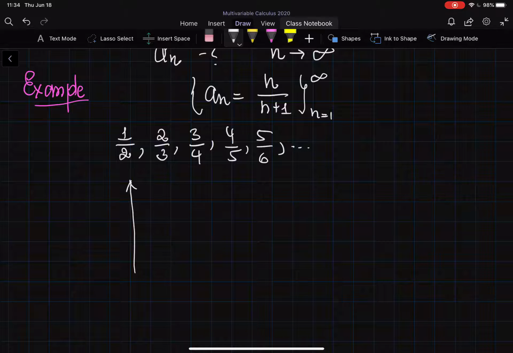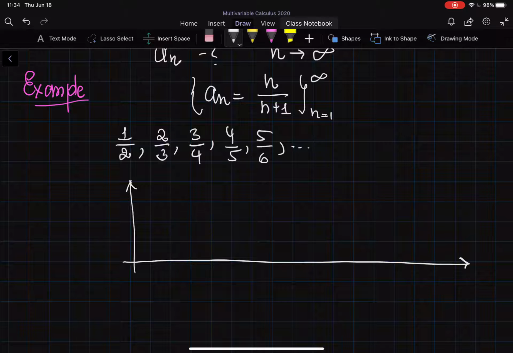So here the y-axis is going to mean the values of the sequence, and this axis is going to mean the values for n, and this is going to be a n. So when n is equal to 1, its value is equal to 1 over 2. So let's say 1 over 2 is here.